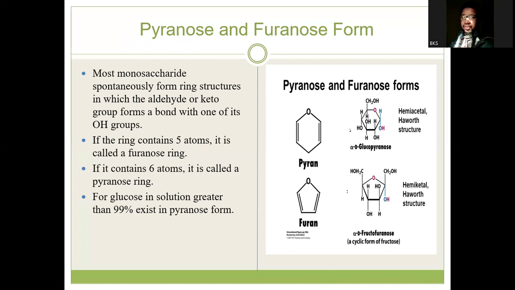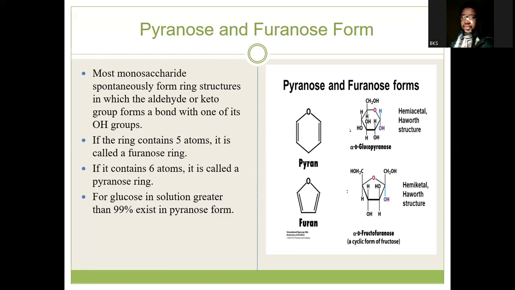When they form a 6-membered ring, they assume the structure of the compound we call pyran. So it looks like the compound pyran, and when it's from a 5-carbon ring, it looks like the compound called furan. When it is pyran, it forms a pyran ring.